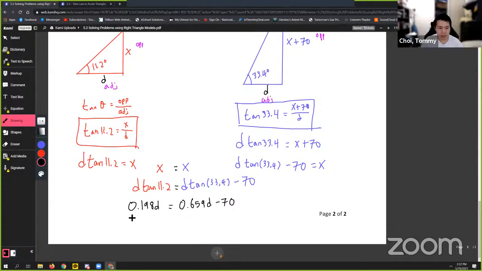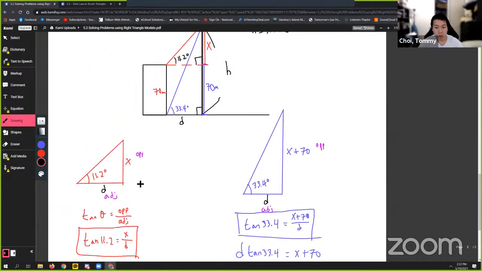We can subtract it on the left, and that's going to give us our d value. So 0.198 minus 0.659 gives us negative 0.461 d.